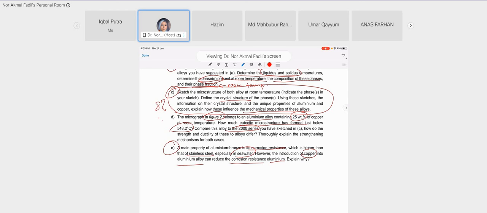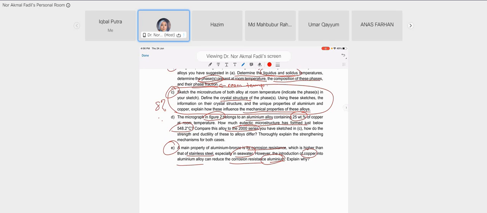Okay, so in this case, we know that aluminum has protection by having alumina as a passive layer. So by having other alloying elements, it will interrupt the formation behavior of the alumina, of the passive layer.